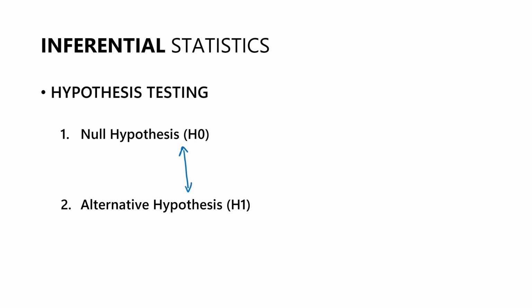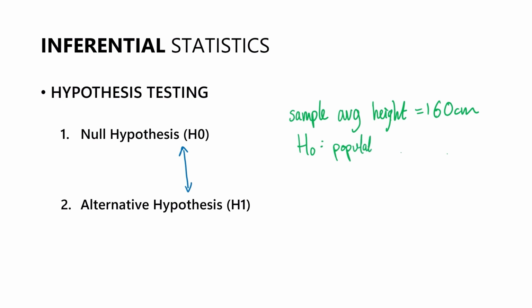Now, using the same example, if we found that the average height of students in your class is 160 centimeters, then our null hypothesis, H0, would be that the average height of students in your whole school, which is the population average height, is also equal to 160 centimeters.